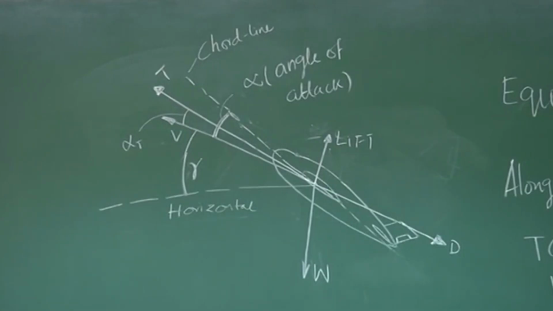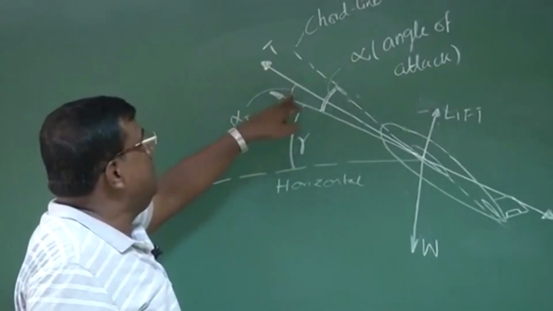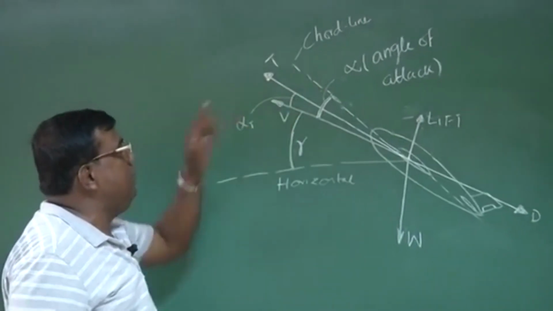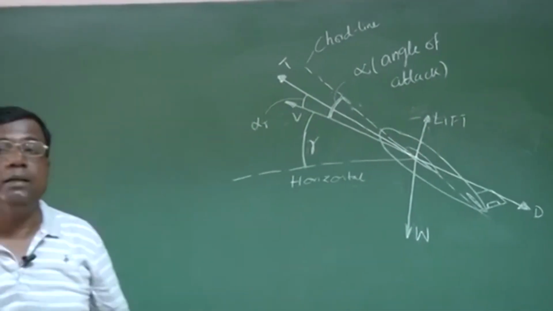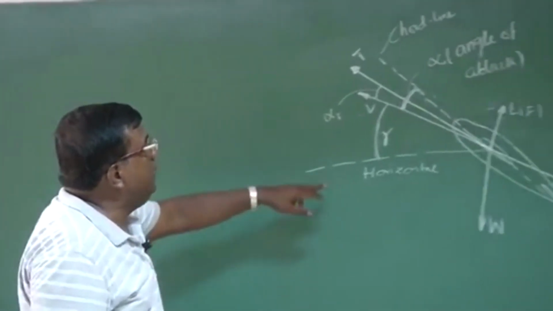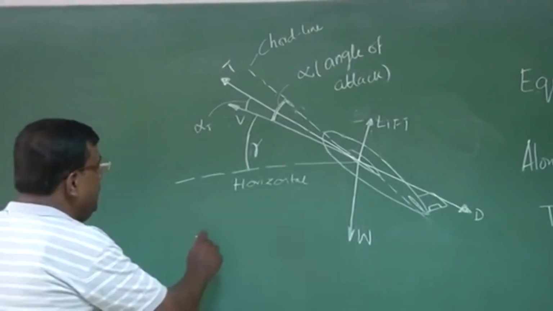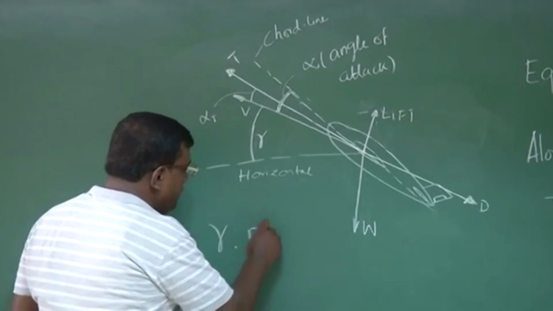So the resultant velocity will be somewhere different than the thrust direction. And let's say the angle between thrust and velocity vector in the vertical plane is alpha t, t for thrust. And this line is the horizontal line, and gamma is called flight path angle.